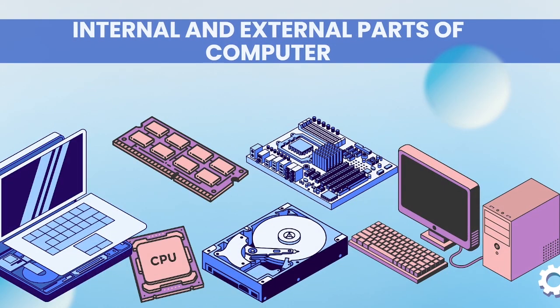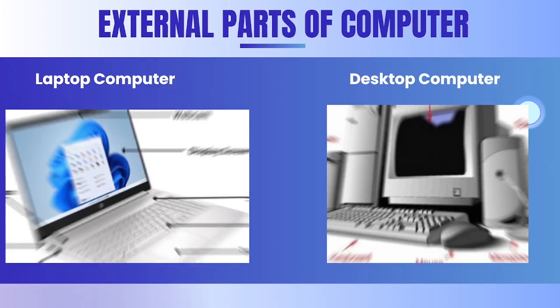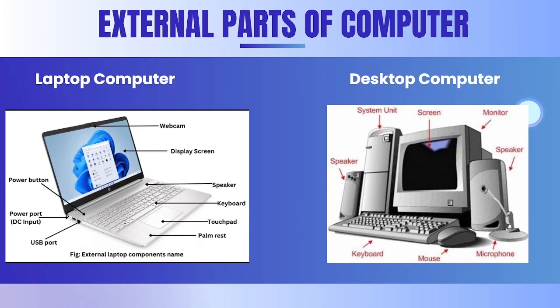Internal and external parts of computer. External parts of computer. The following are the external parts of laptop computer. On laptop computers, we have the following external parts: webcam, display screen, speaker, keyboard, touchpad, armrest, computer case, ports, and power button.